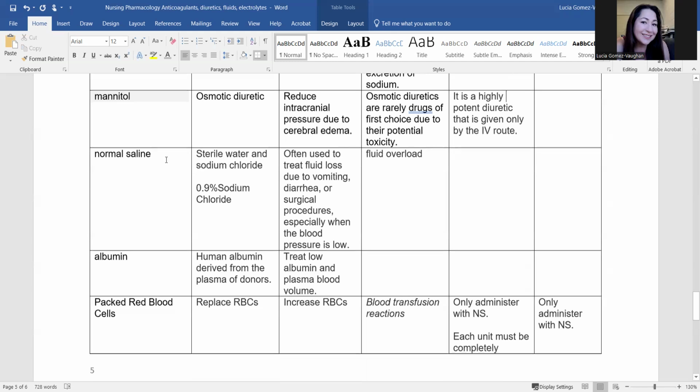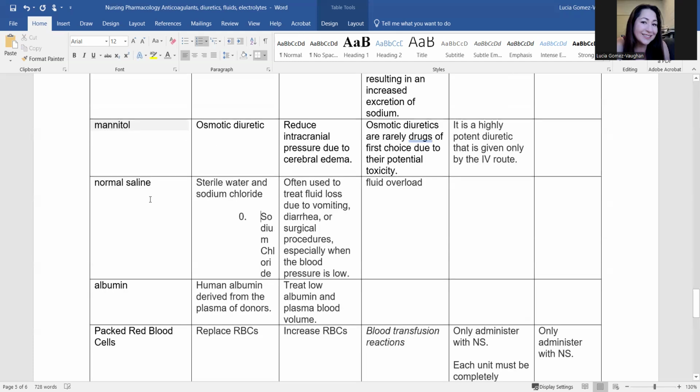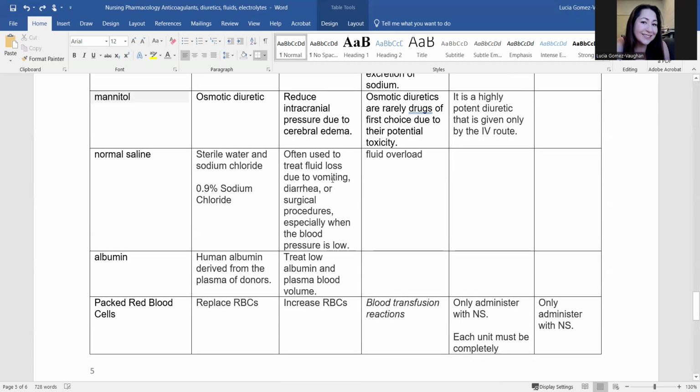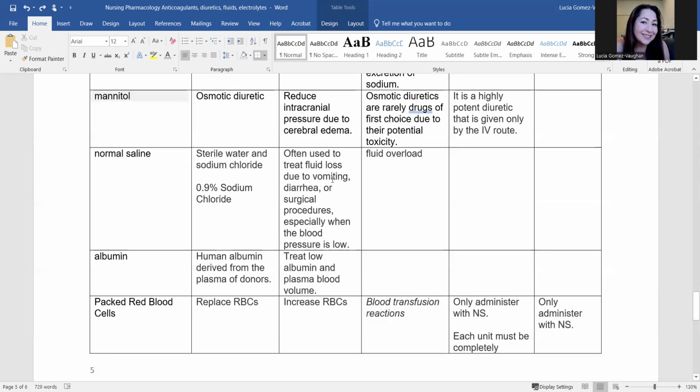For our fluids, we're only going to look at one today, for a maintenance fluid, and that's going to be our normal saline. This is sterile water and sodium chloride. The percentage is 0.9% sodium chloride. It's often used to treat fluid loss due to vomiting, diarrhea, or surgical procedures, especially when the blood pressure is low.